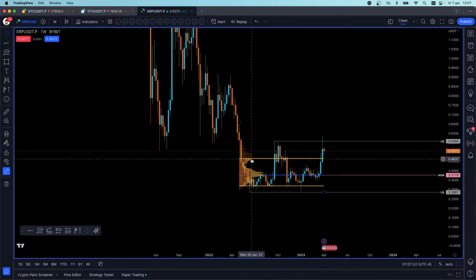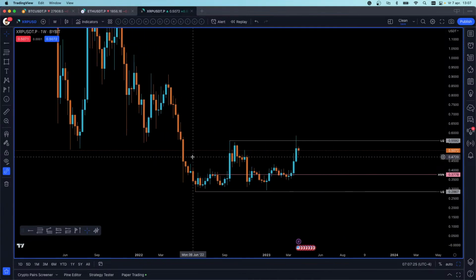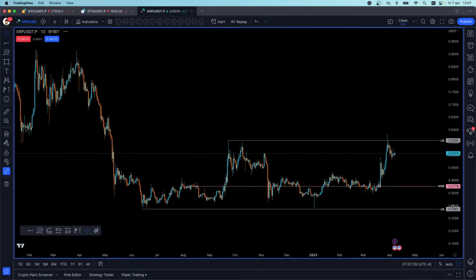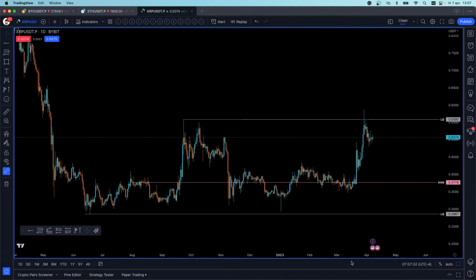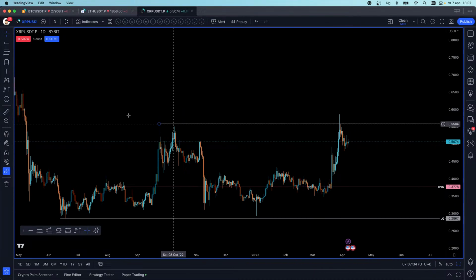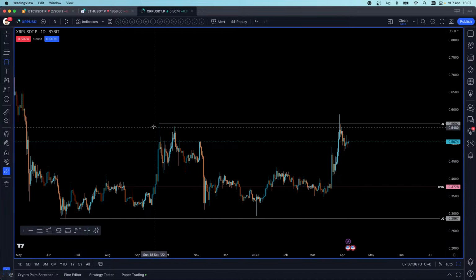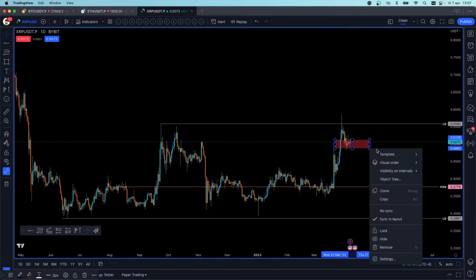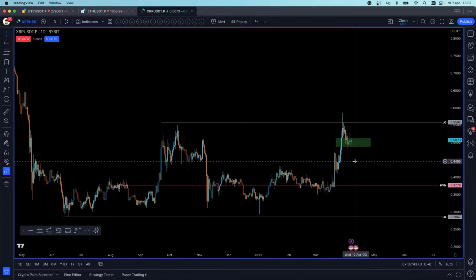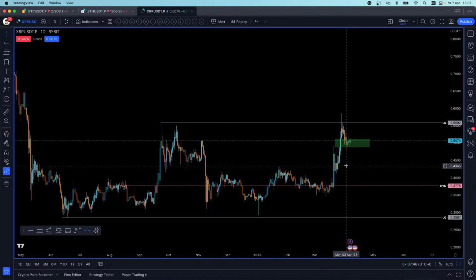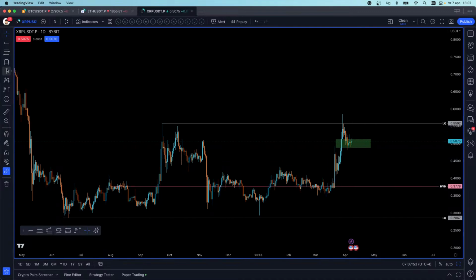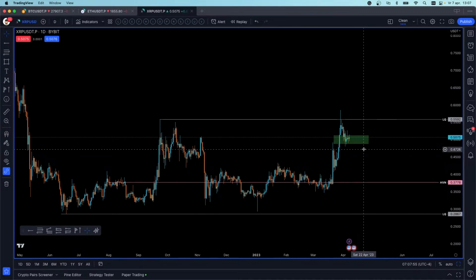High volume node back there. If this wants to continue higher, after we took already that liquidity level, you want it to hold this zone here at first, to then maybe distribute back higher.